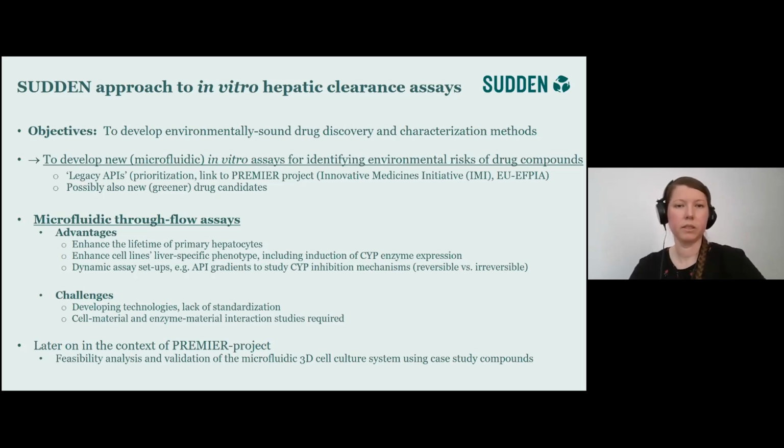So in the SUDDM project, we developed these microfluidic systems, and then we also are part of the Premier project, which is an IMI project, EU and EFPIA funded project, which has a lot of industrial partners also involved.